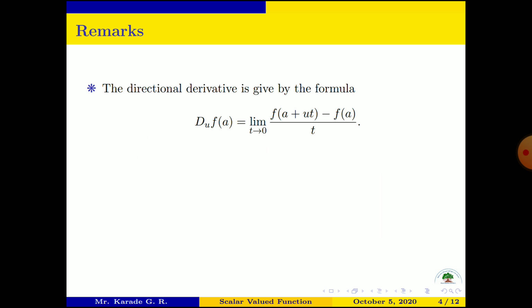Just D u f of a is equal to limit as t tends to 0 of f of a plus ut minus f of a divided by t. So this is the formula to find the directional derivative. We remember it, that is very important.